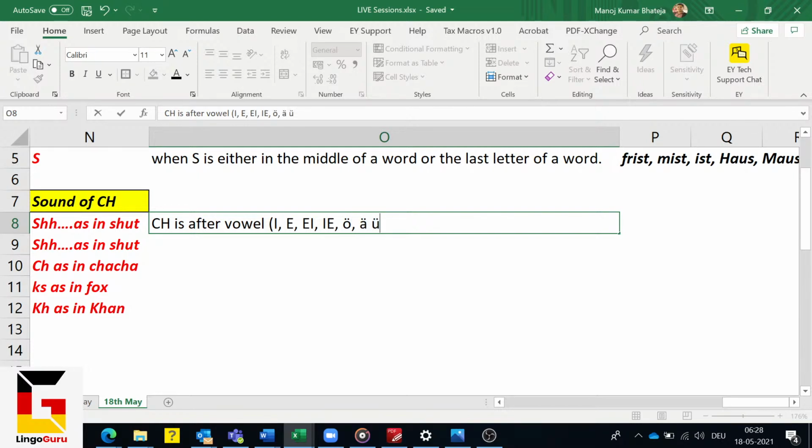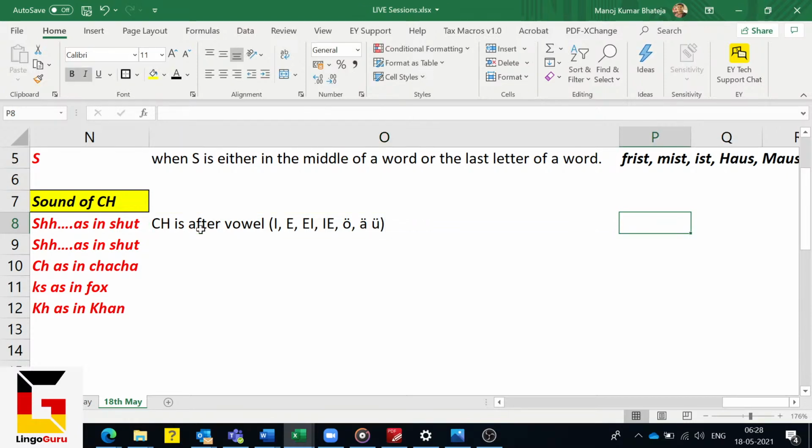Whenever ch is after these vowels, we are going to pronounce ch as sh. Example, sprechen. You see, ch is appearing after e. Sprechen.